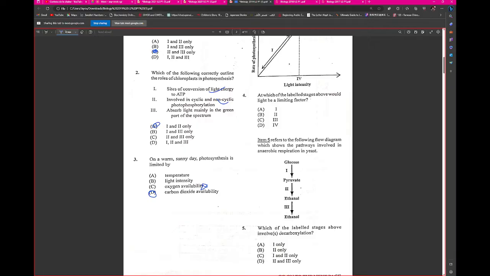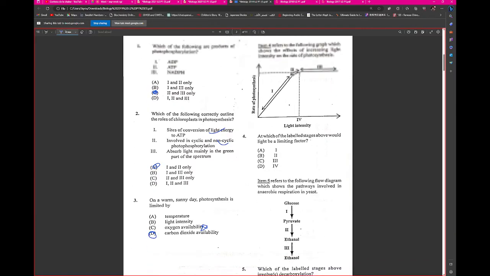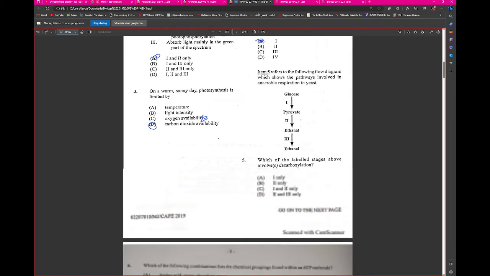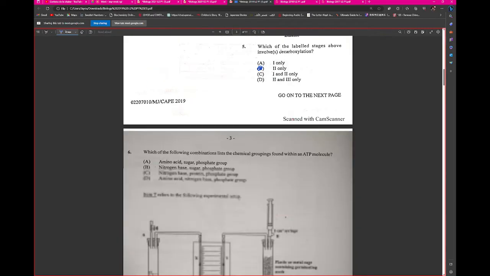Yes, sir. Alright. 4. At which of the labeled stages would light be a limiting factor? We saw that already. This one, we saw that pyruvate to ethanol, that would be the decarboxylation.